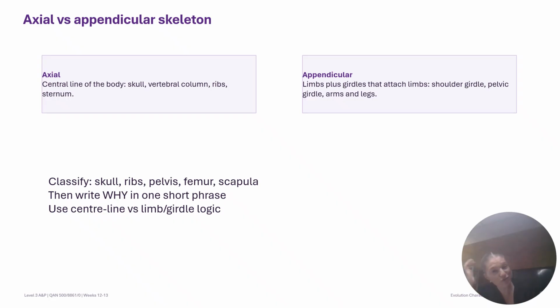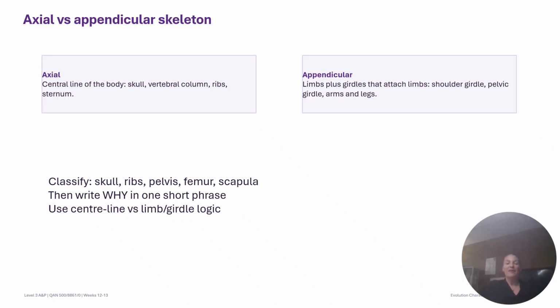Honestly, I used to really struggle with this. The axial center line of the body contains the skull, the vertebrae, the ribs, and the sternum. Sorry, sternum. Stratum corneum is part of the face, layers of the skin of the face. So your ribs and your sternum.